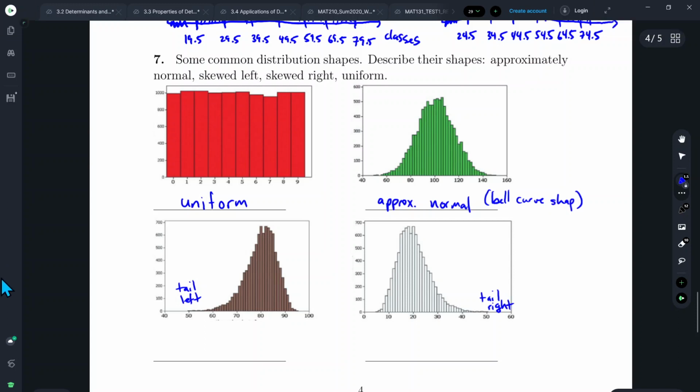This extension where the data spreads out on one side is called the tail of the distribution, and the tail indicates that the shape is skewed one way or another. The skew is the direction of the tail. So this one would be skewed left, and a tail on the right would indicate that it's skewed right. Distributions can have other shapes, but these are some of the common ones.